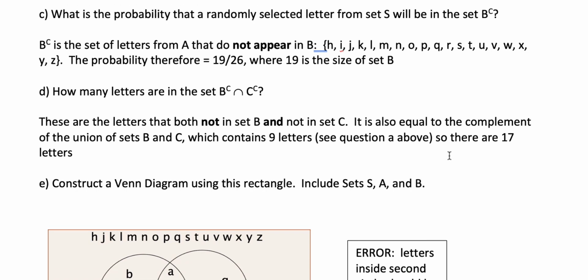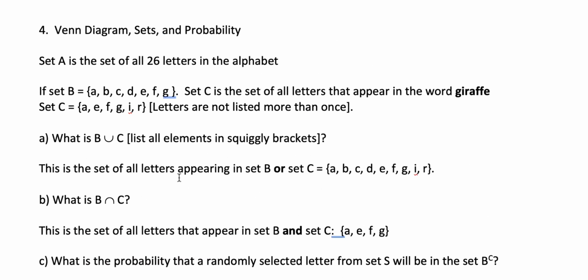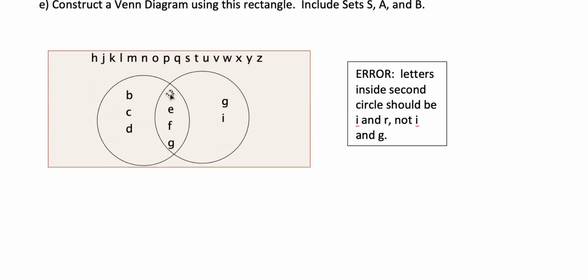So it's 17. So we're constructing a Venn diagram here, and we're saying that this entire rectangle contains every letter in the alphabet, all 26. The first circle over here would be the set that we designated B, and it's got A, B, C, D, E, F, G. The second circle would be all the letters that appear in the word giraffe, and that would be A, E, F, G, I, and this G should be an R here.